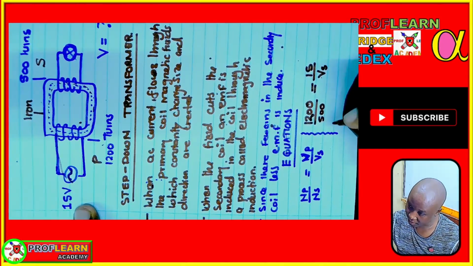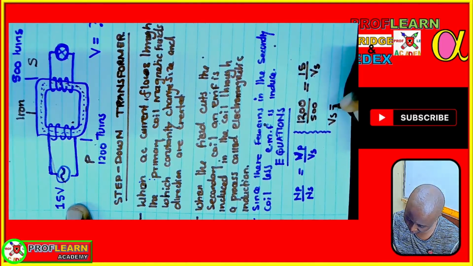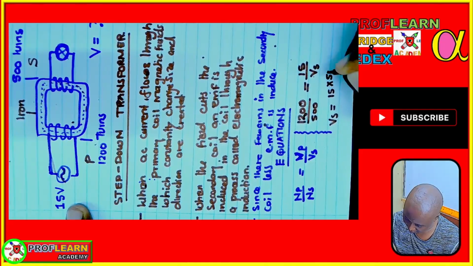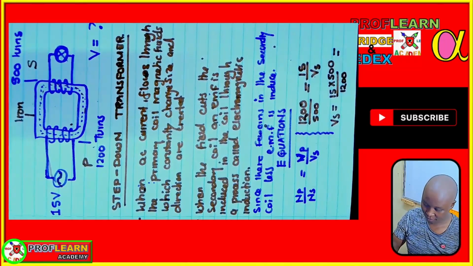So to work out the voltage in the secondary coil, it's going to be 15 times 500, divided by 1200.